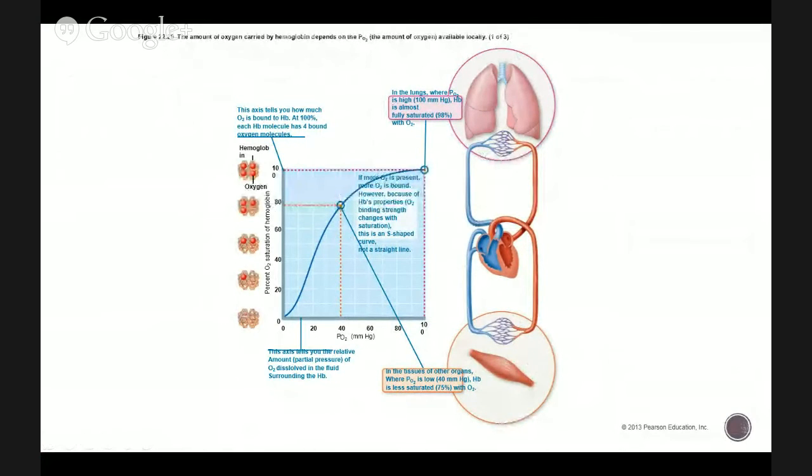So the number one determinant of how readily hemoglobin is going to hang on to oxygen always is the partial pressure of oxygen. So if the partial pressure of oxygen is higher, hemoglobin is going to hang on to the oxygen. Okay?